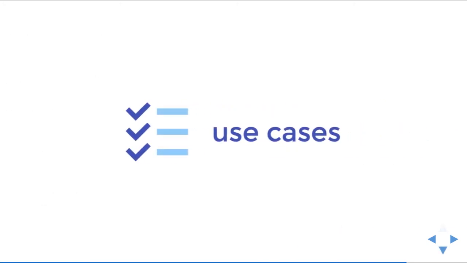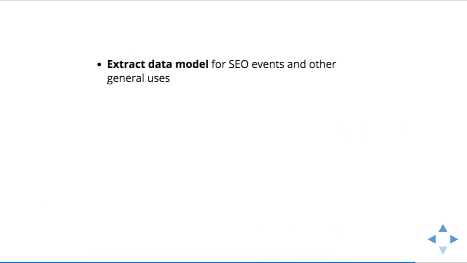So this leads us to the use cases of the library. First of all, we can extract the data model, like I showed. You just mark your code, run your engine, and you now have all the information that is in the HTML, so you can use it however you want.